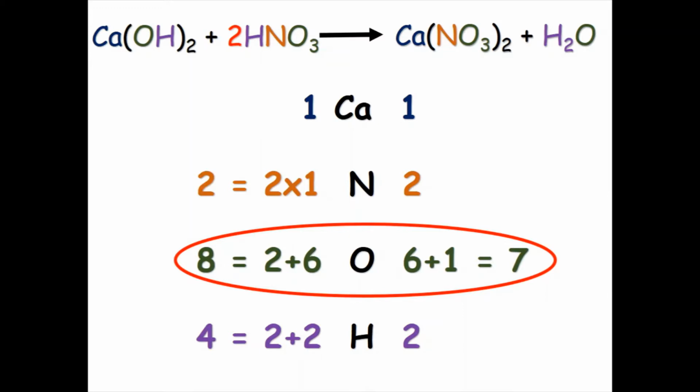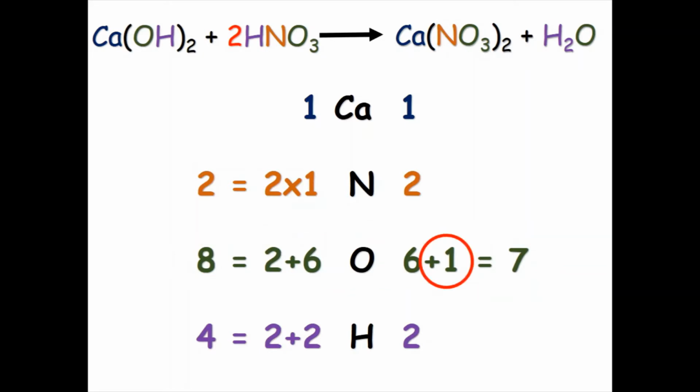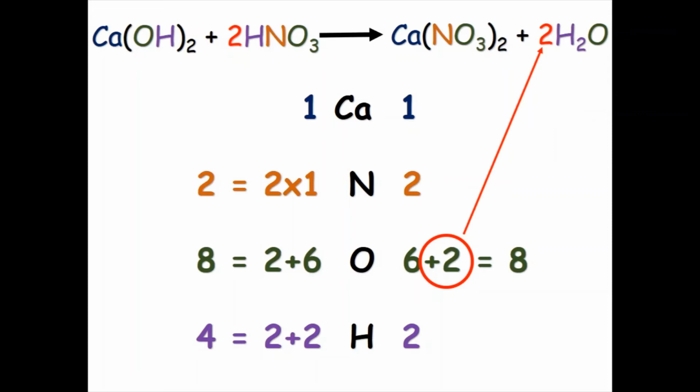Again, we need to bring up the oxygen number now on the right side, and the easiest way to do that is to look at the 1 oxygen that we get from the water. So to bring this number up, we can just write a 2 in front of the water, and that means we get 2 oxygen atoms now, and we have 8 oxygen atoms in total.